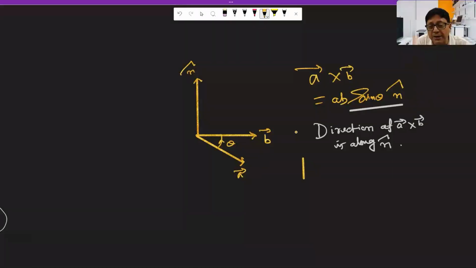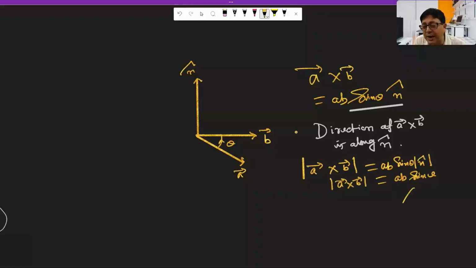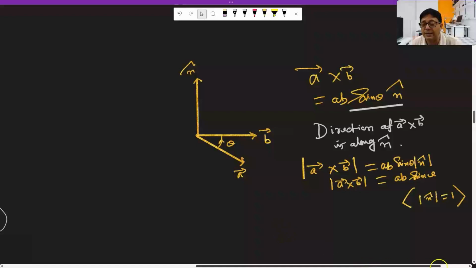If we take the modulus of A cross B, the result is going to be AB sin theta mod n cap. Mod n cap is 1. So it is AB sin theta. Mod A cross B is AB sin theta, as n cap is a unit vector, its modulus is equal to 1.